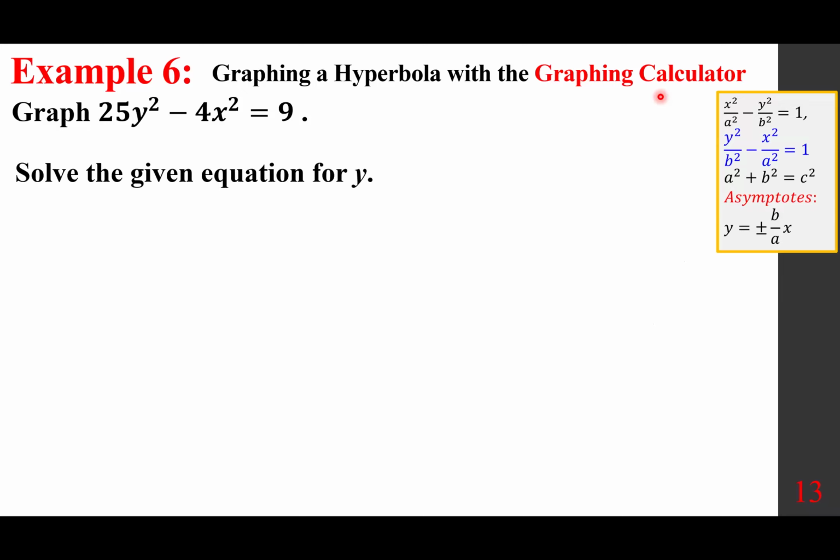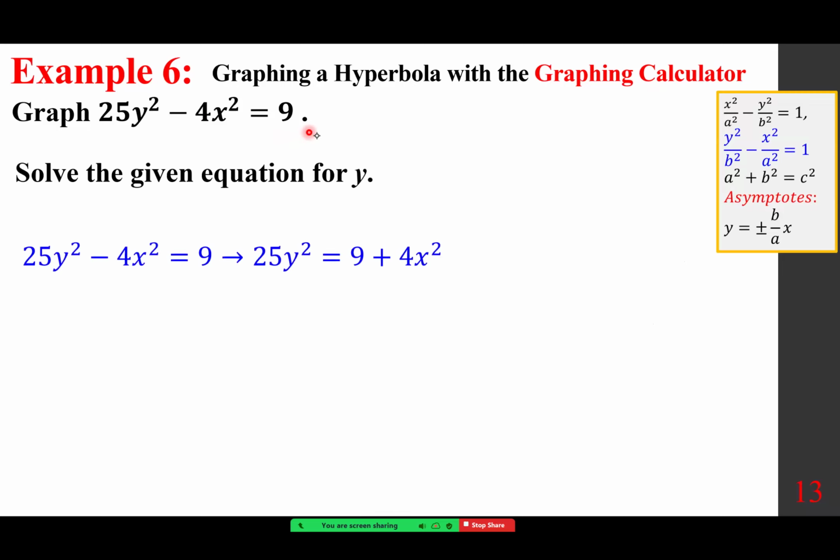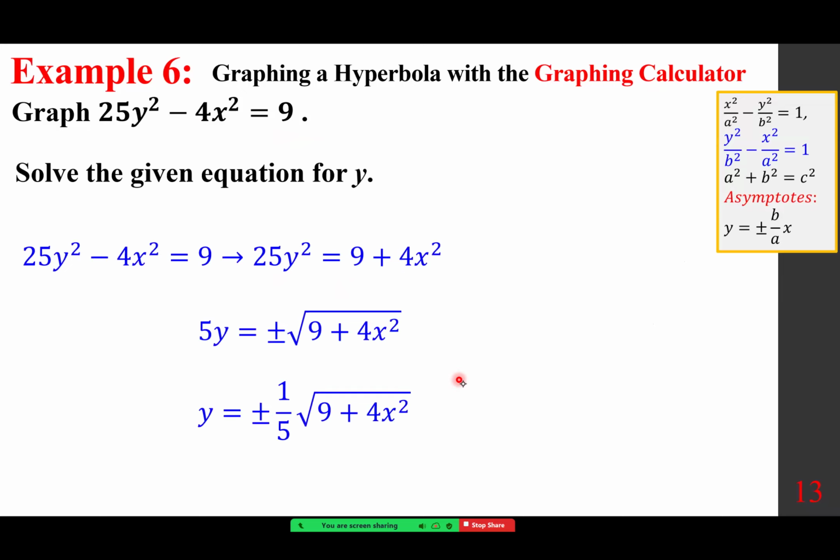To do so, the negative 4x squared becomes positive on the other side. If you take the root of both sides, this becomes 5y equals plus minus the square root of that. Now you divide both sides by 5. You get plus minus 1 over 5 times the square root of 9 plus 4x squared.